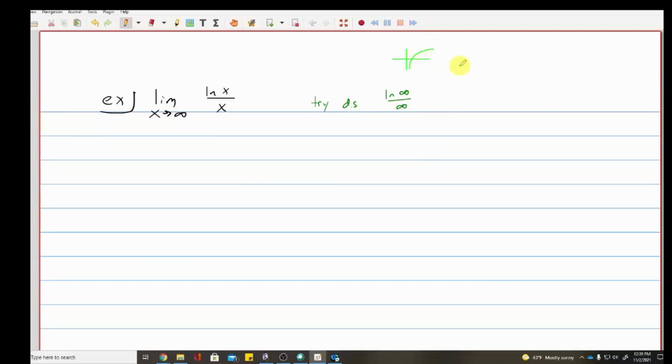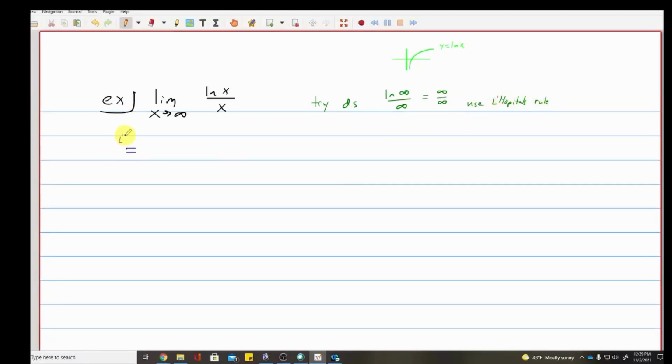There's a graph of y equals ln of x. And as x gets bigger and bigger, as I plug in things going towards infinity, the y values are also going up towards infinity. This is just like having infinity over infinity, which just like before, means that I can't do direct substitution, but I can do L'Hopital's rule.